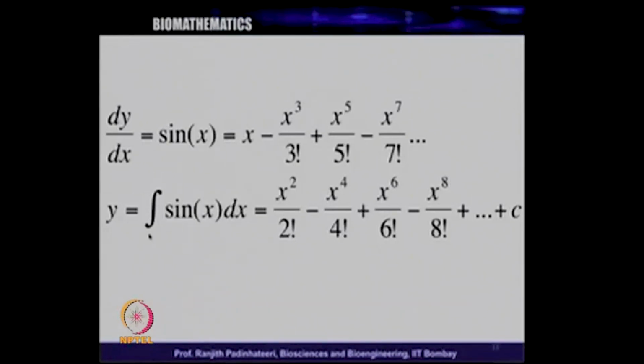So, basically what we learned so far is that we understood why we need to do integration, because if we know the derivative, or if we know the slope of a function or slopes at different points, we can draw the curve itself.